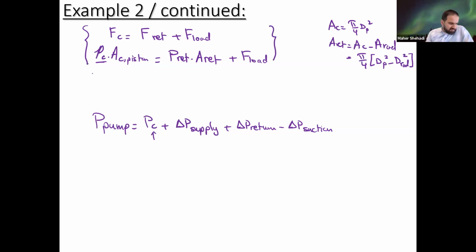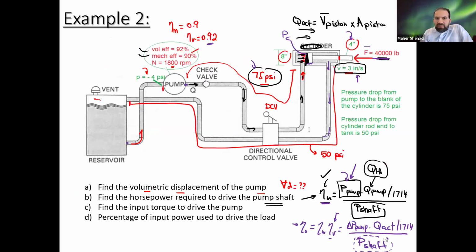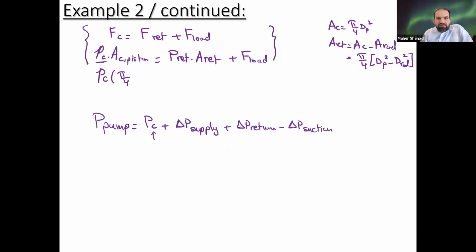So therefore, if we calculate the areas, P cap pi over 4, the diameter, I believe it's 8 inches, and the rod is 4. So here it's 8 square, that's this area. And then P retract is simply the one that's calculated, that's 50.